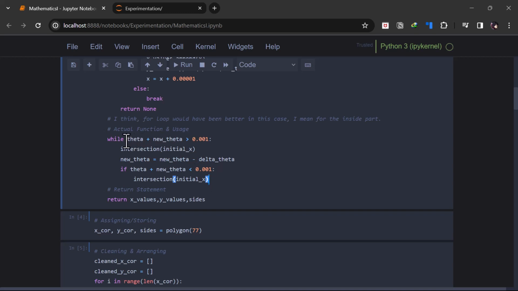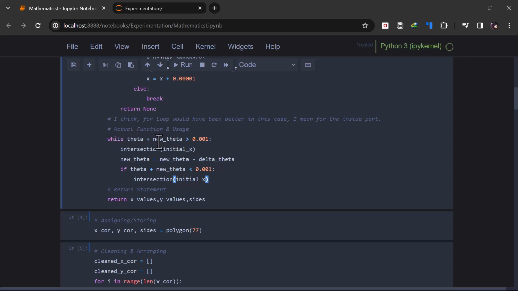We write the running condition, in what condition the loop should be running. So up and until this condition is true, the loop will run, and the moment it becomes less than 0.001, when they come very close to each other, then obviously the summation, because one will be positive and the other will be negative of that positive number, right? If it's like 2, first will be 2 and the second will be minus 2. So 2 plus minus 2 will be 2 minus 2.